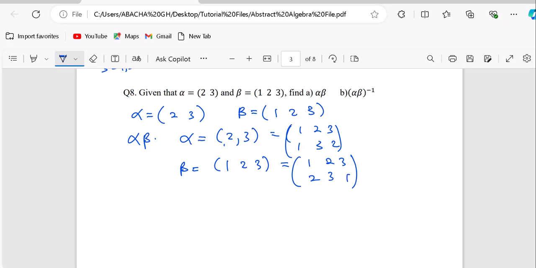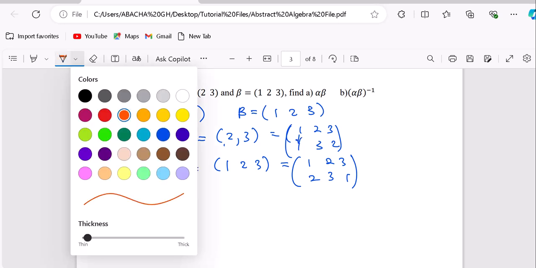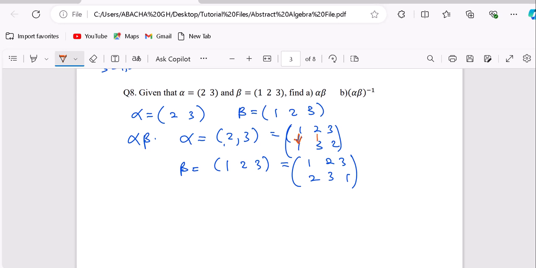We come back here, and so we have 1 to 2, then to 3. And so these are our two elements.